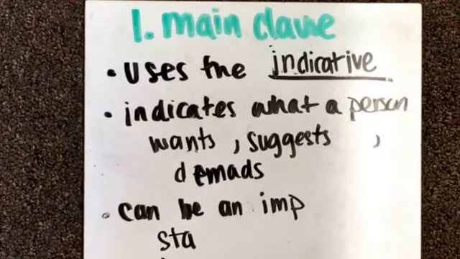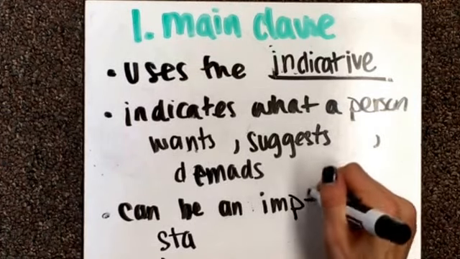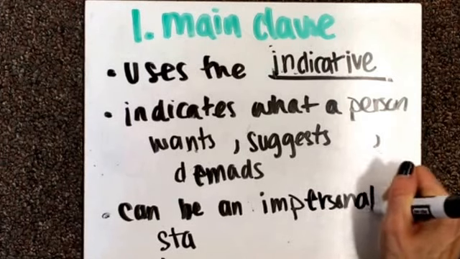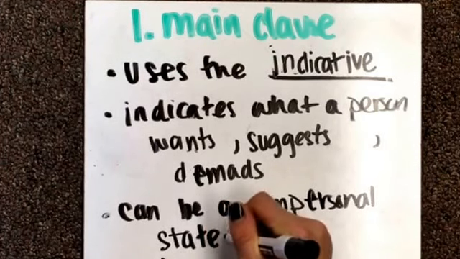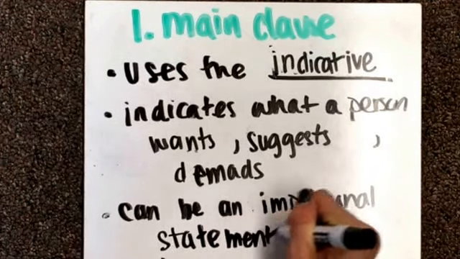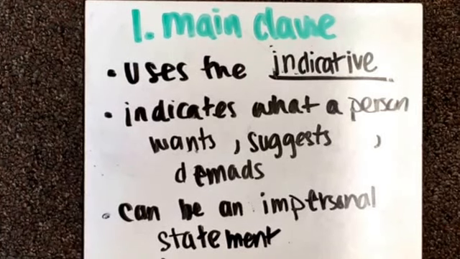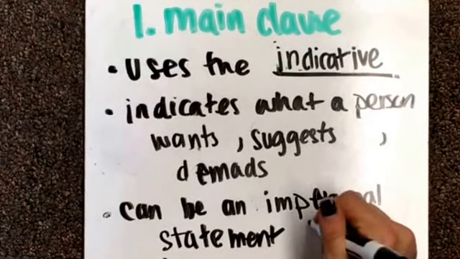The main clause can also be an impersonal statement. And if you remember from the end of Spanish 2, you talk about impersonal statements with the use of the impersonal se.